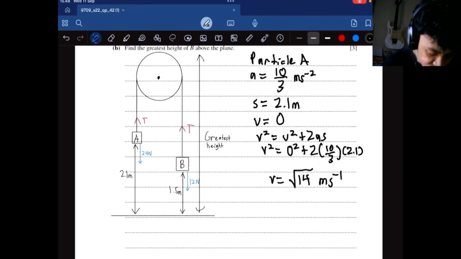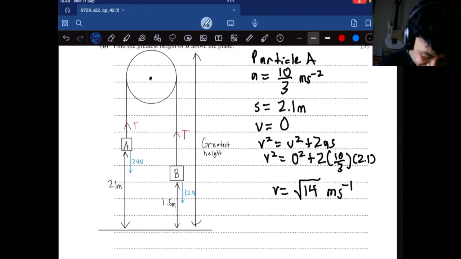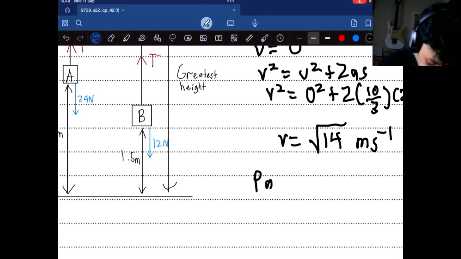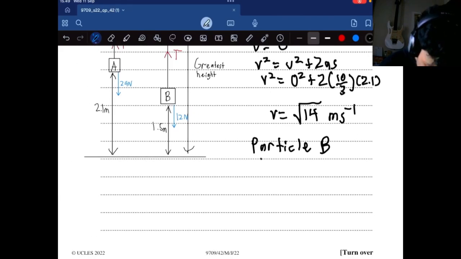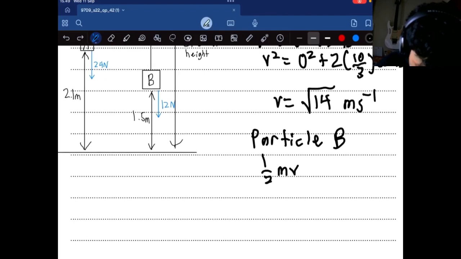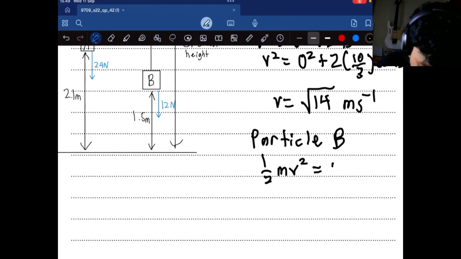Now we're not done with that because we haven't found the greatest height yet, of course. So to find the greatest height, particle B, we can use the kinetic energy of half mv squared equals mgh, which is the potential energy.